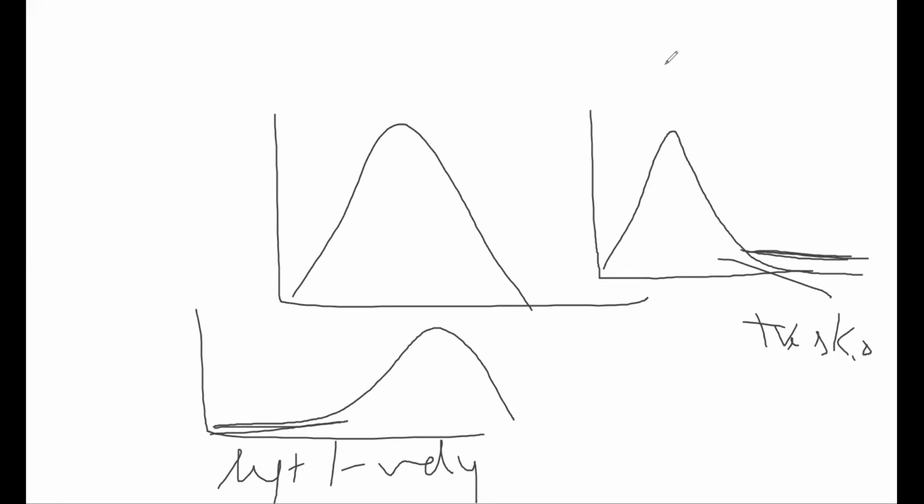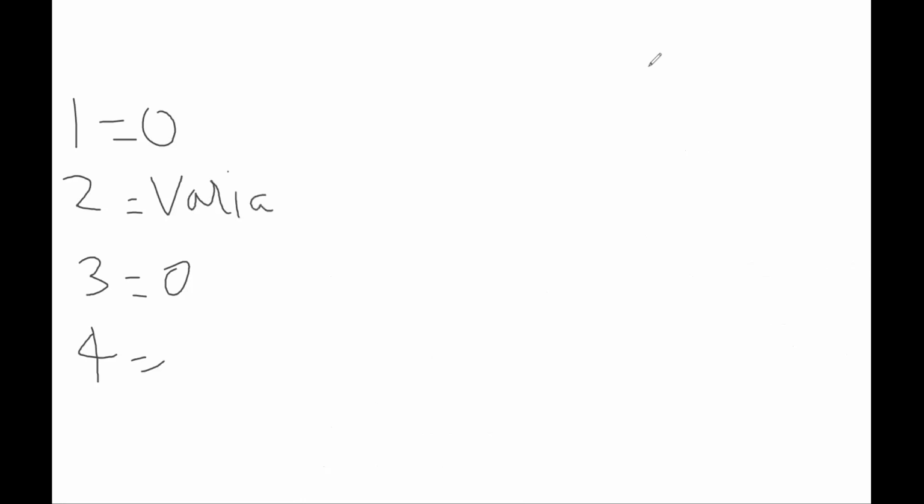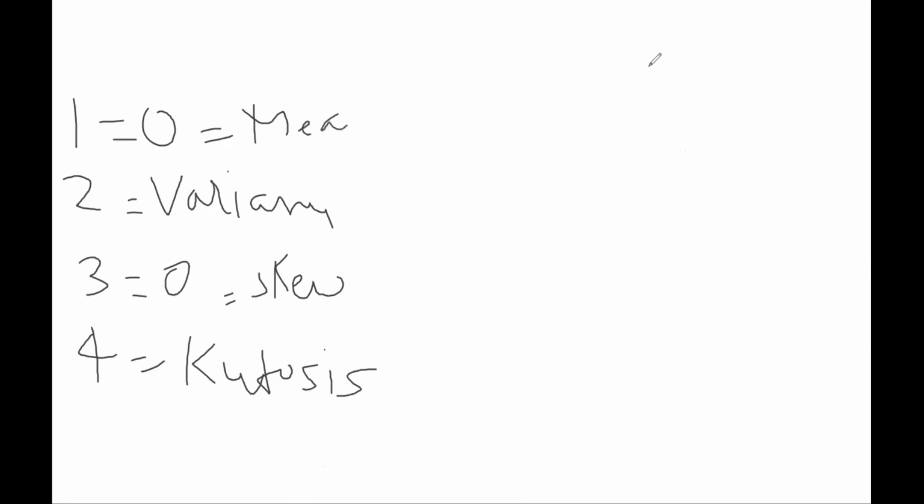So when we calculate the first moment, second moment, third moment and fourth moment, the first moment would be 0, the third moment would be 0. The second moment will give us variance, the third moment will give us skewness, and the fourth moment will give us kurtosis, and the first moment will give us the mean.